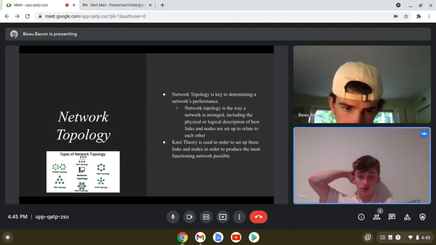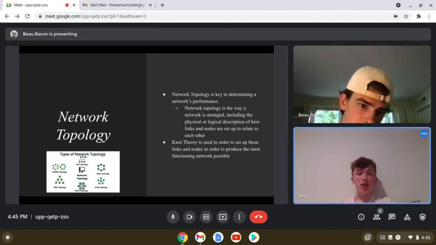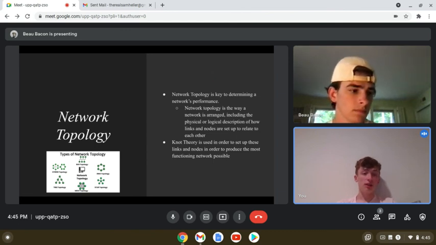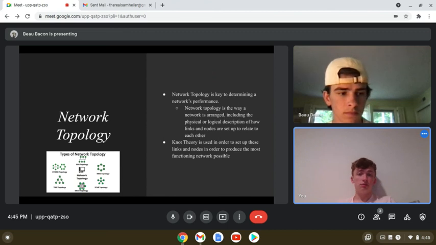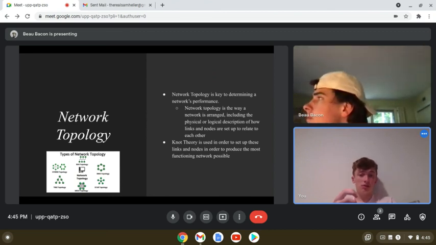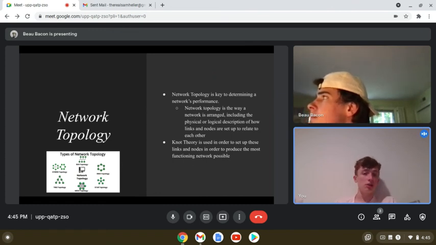So moving on, we have network topology. Network topology is like topology, but in a network, in a computer atmosphere. It is key to determining a network's performance because it's the way that the network is arranged, including the physical or logical description of how links and nodes are set up to relate to each other.